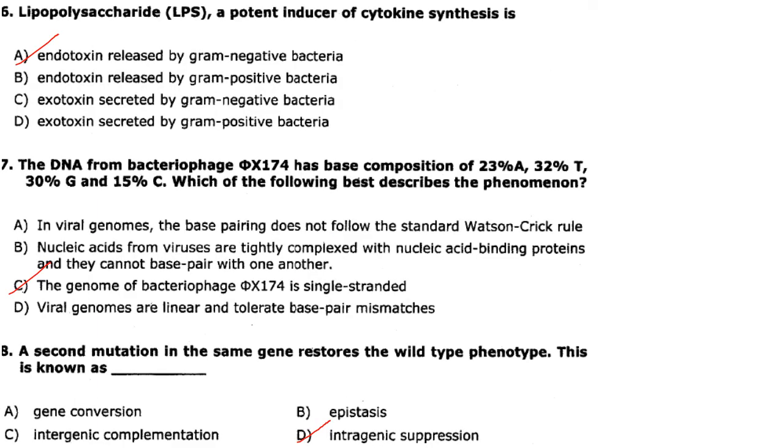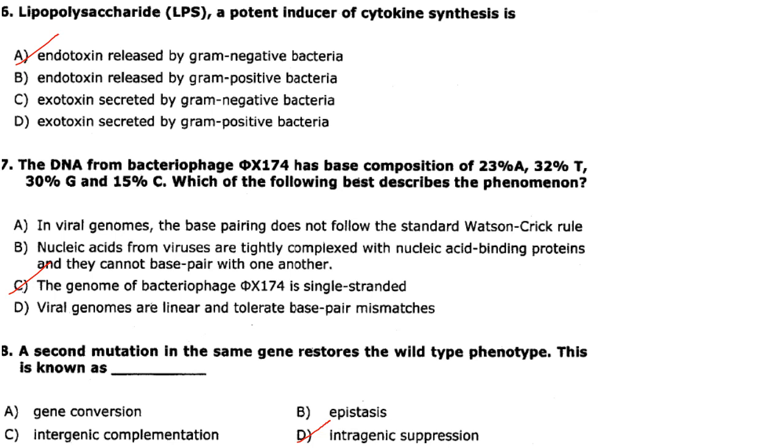Lipopolysaccharide, a potent inducer of cytokine synthesis, is... It is an endotoxin released by gram-negative bacteria. So answer is option A. The DNA from bacteriophage X174 has a base composition of 23% A, 32% T, 30% G and 15% C. Which of the following best describes the genome?